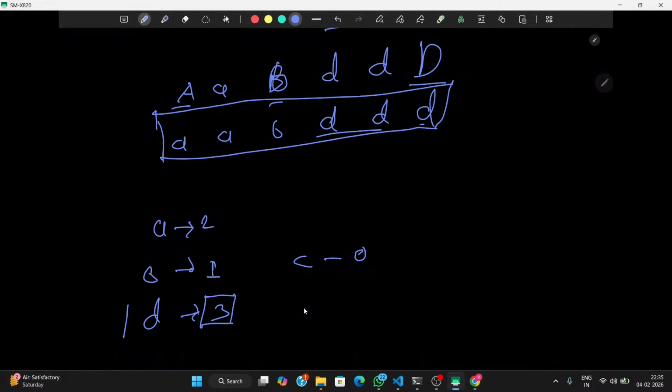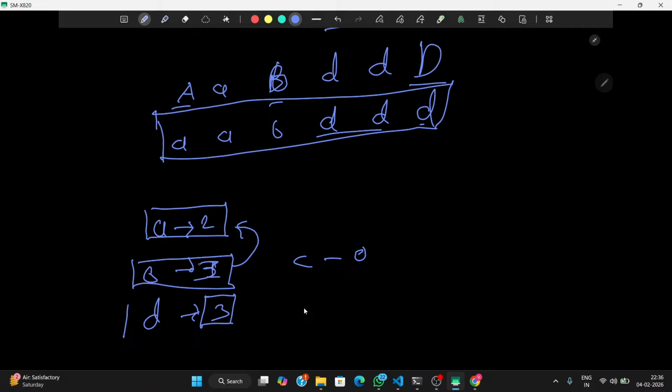But now we are allowed to perform operation 2 one time. What is operation 2? We can select any character and convert all of its occurrences. Suppose we select B here and convert all of its occurrences to A. In this case, B has only one occurrence. Suppose there was a string where B had three occurrences.